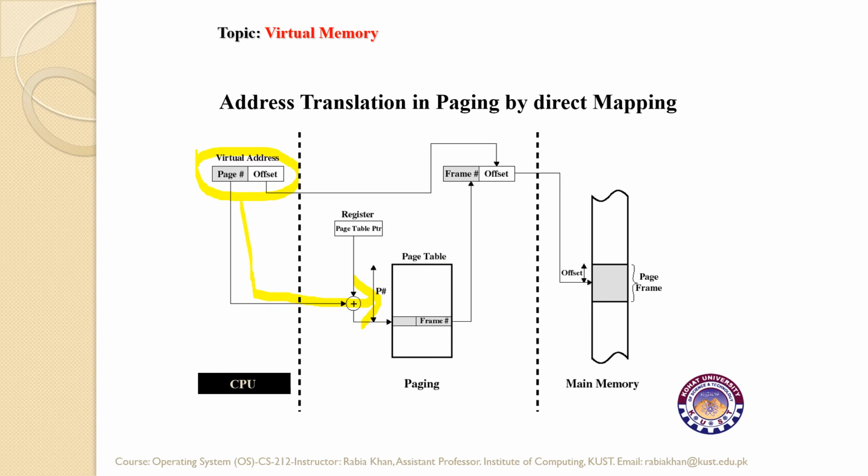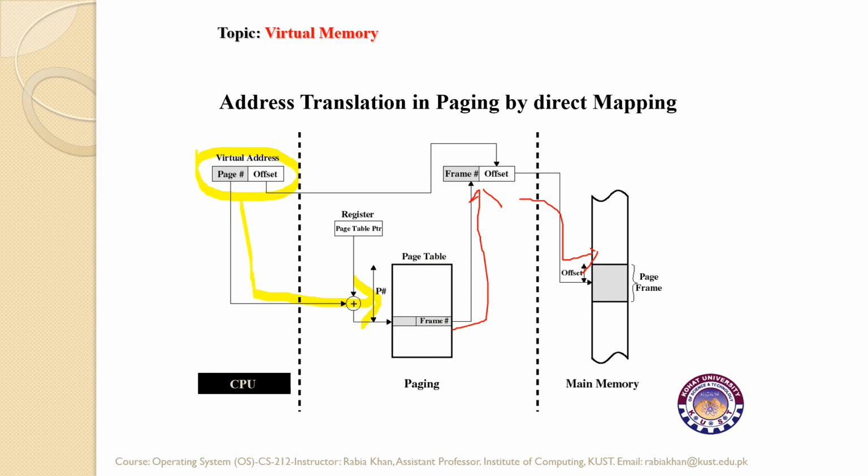So here you can see the frame number is obtained from page table, and offset is added with it as it is. The corresponding physical address then is generated.